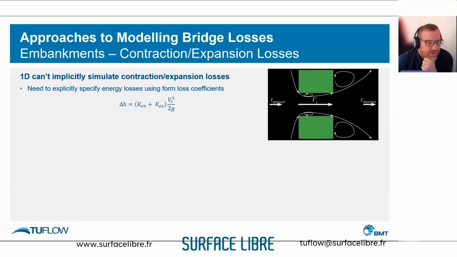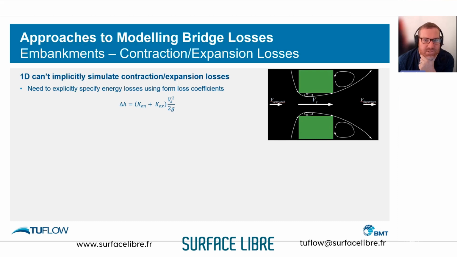So as I've alluded to quite a few times already, when we're looking at bridges, there is a significant amount of contraction and expansion, and we need to represent that in any approach that we use to model them. So we can use 1D, and this is how we've done it in the past, although this does require a bridge model, because we need to represent those entrance and exit losses.